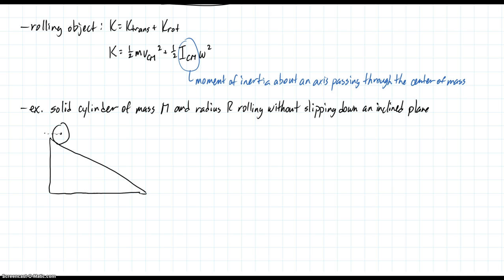And we will say that the center of mass of the cylinder starts at a height h above where it will be when it gets to the bottom of the plane. So overall, the cylinder will drop a height h from where it starts.